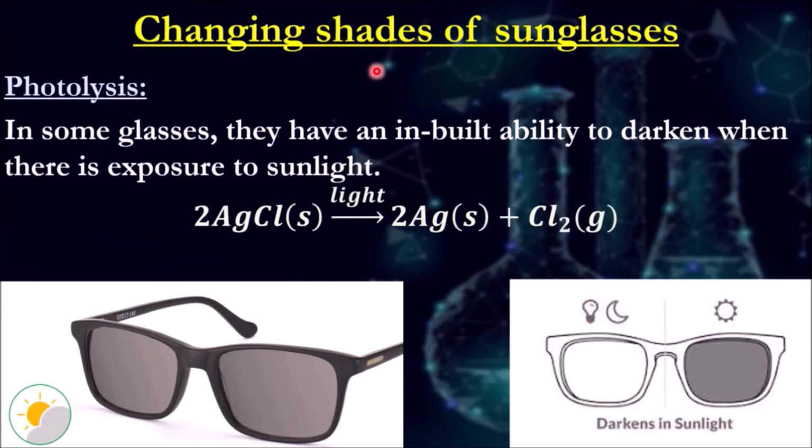We have another one, which is this one here. Don't know if many of you use these or know of this, but if you're wearing glasses and they turn darker when you expose them to the sun. This is a really special type of decomposition reaction called photolysis. It's a chemical known as silver chloride. This breaks down into silver and chlorine only when exposed to light.